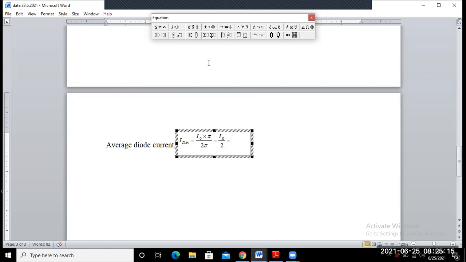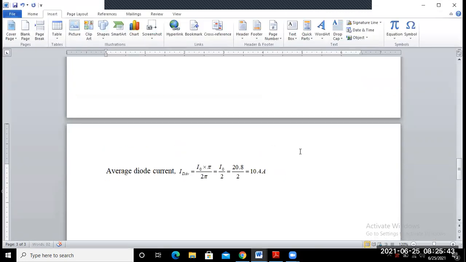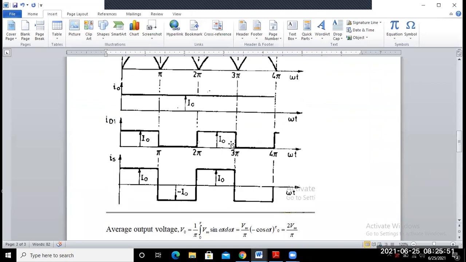So I0 is 20.8, divided by 2 equals 10.4 ampere. So this is the average value of the diode current we obtained from this waveform.